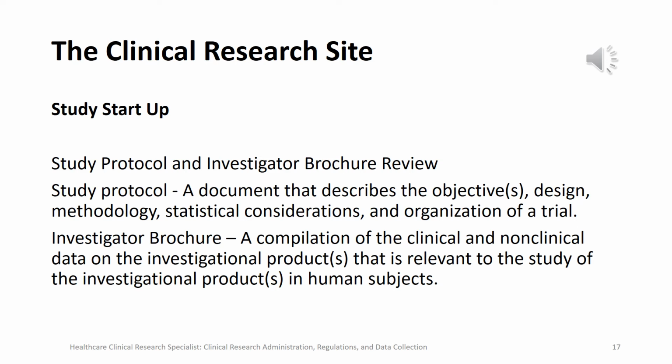Information about adverse events, whether they are expected or not expected, is going to be in there. There's going to be scientific information about the product itself, its molecular makeup, its mechanism of action, all of those things associated, if it's a drug, with that specific compound. These are important to get out there because the investigators are going to want to review that so that they know as much about that product as they can.